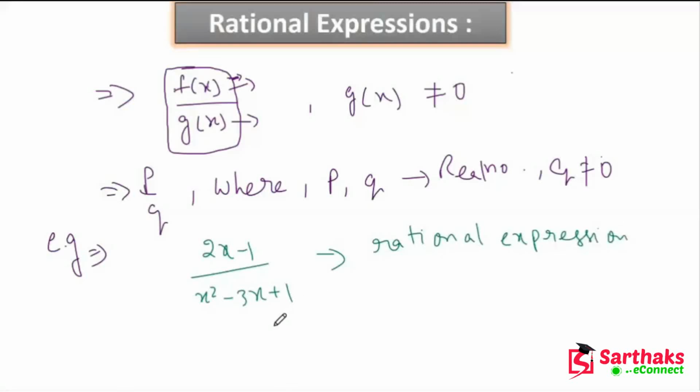I hope you get this point. If you solve it, it need not be a polynomial. This is a polynomial and this is a polynomial, and after solving that, it is not necessary that it will be a polynomial also.